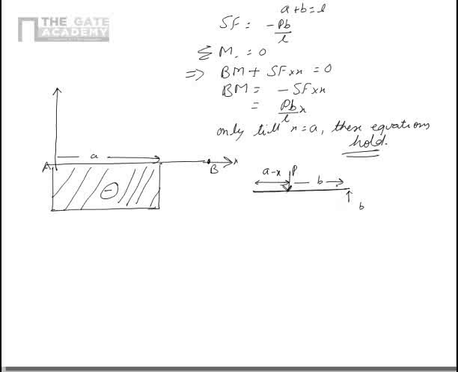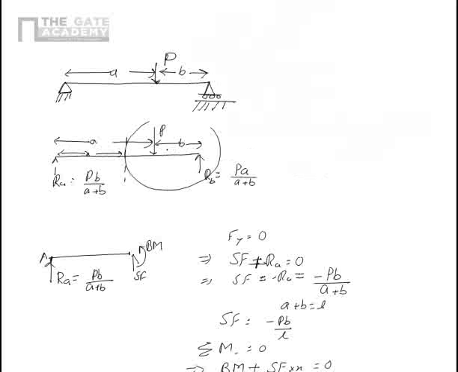Now obviously this will not help us because the moment x becomes equal to 0, then this force will come and the equations will change. So what we need to do is that we have to cut the beam here and use that. So we cut the beam here and then we can take this section itself. We can take this portion.